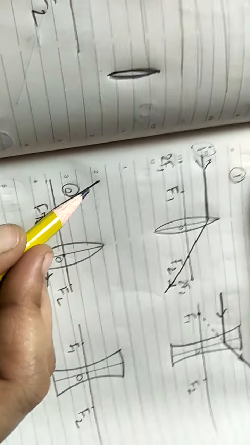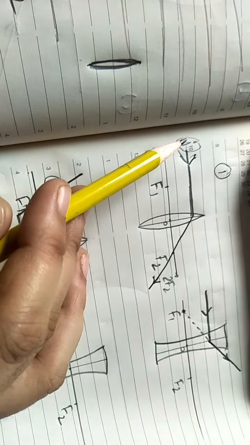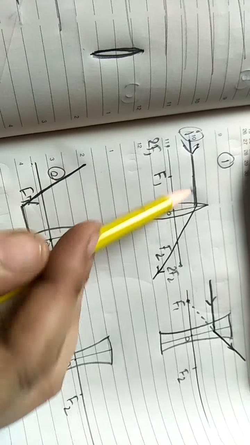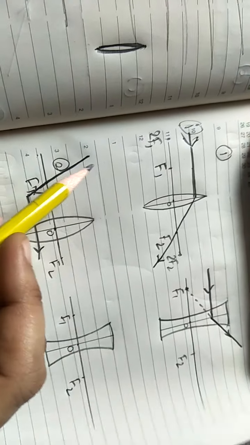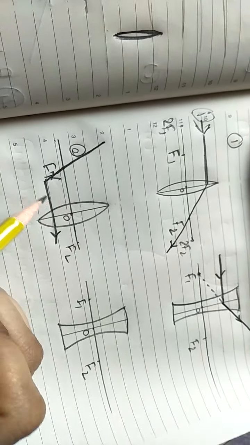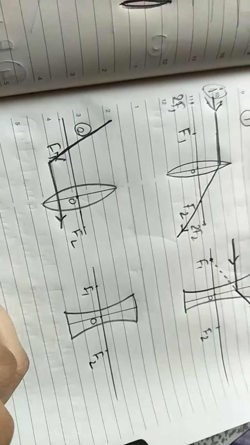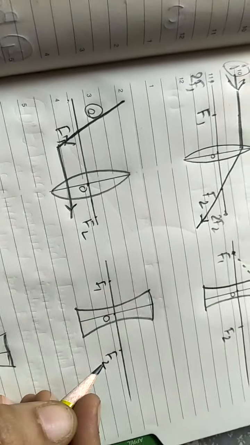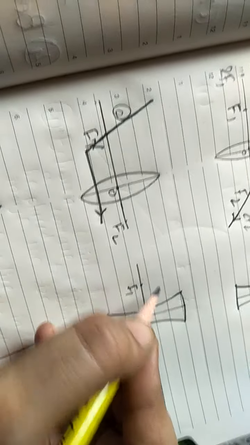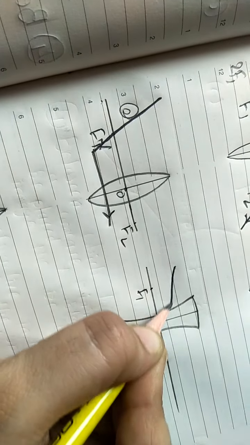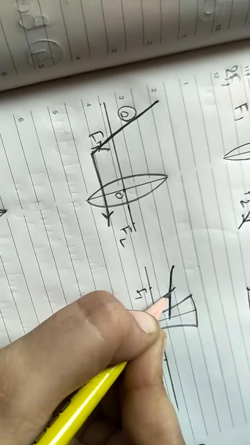When your incident ray is parallel to the principal axis, it passes through the focus. When your incident ray passes through the focus, then it is parallel to the principal axis. So it is like this. The same thing happens here. So here is your incident ray.